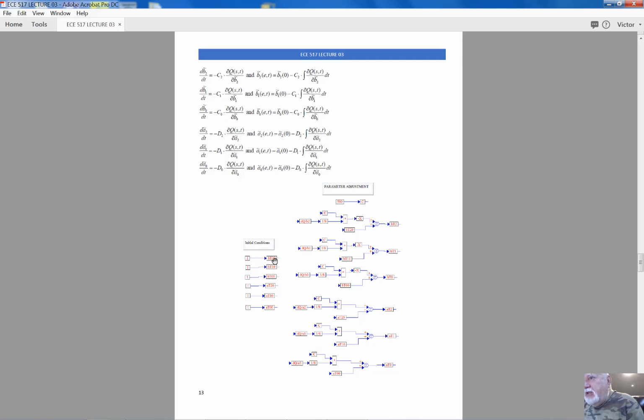For initial conditions I chose all values of 1, which is not very fair, but nevertheless I chose them equal to 1, so I do not expect that the initial discrepancy between the reference model and the adjustable system will be small. The constant gain I chose to be equal to 500.